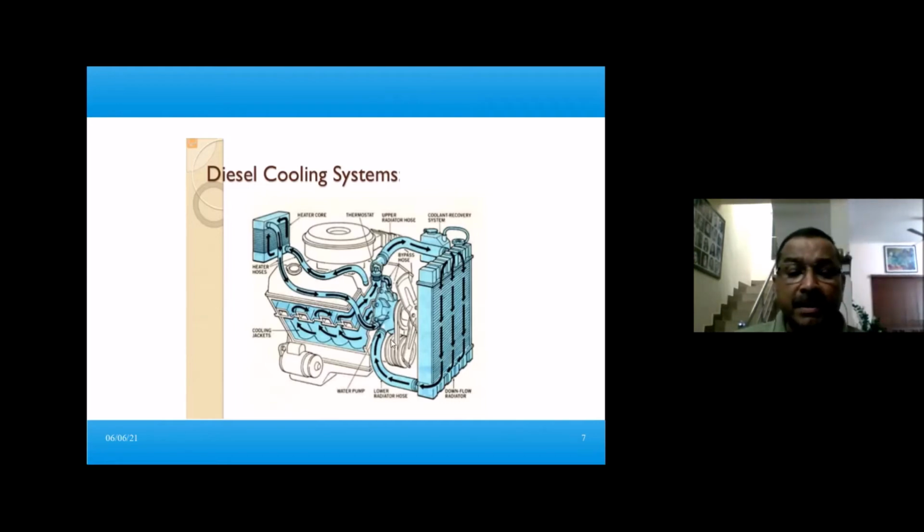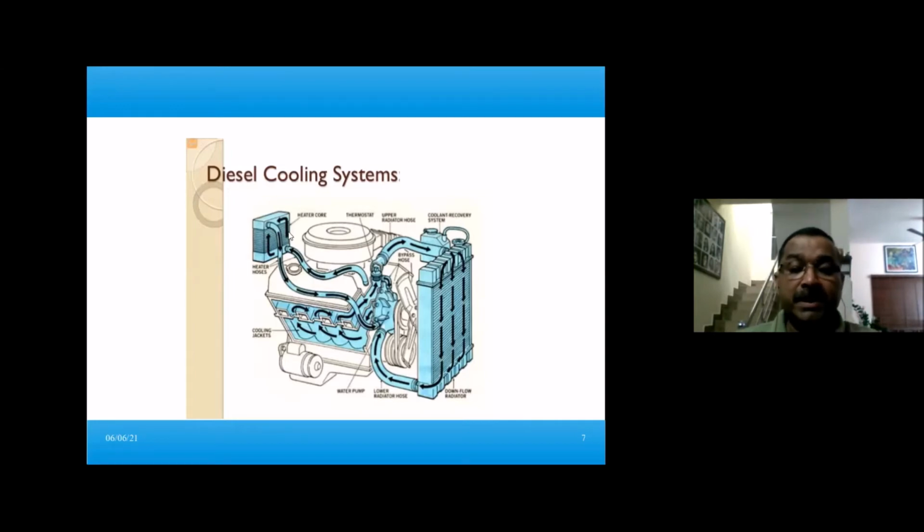And there is another small system here. You can see another system here. Actually, it is meant for heating the engine. Uncle will discuss this later.